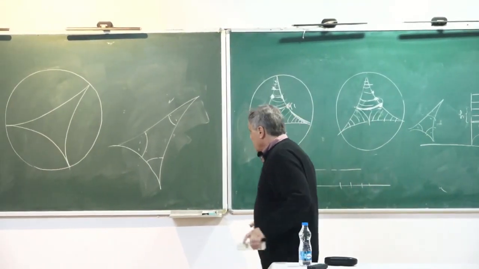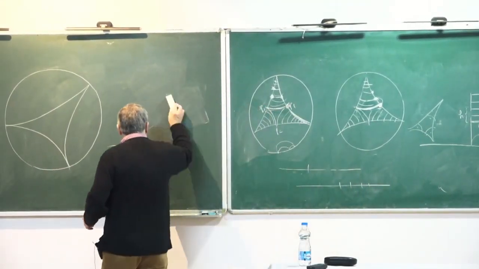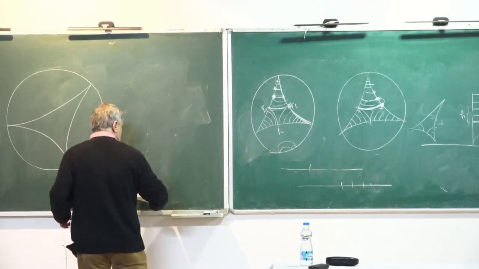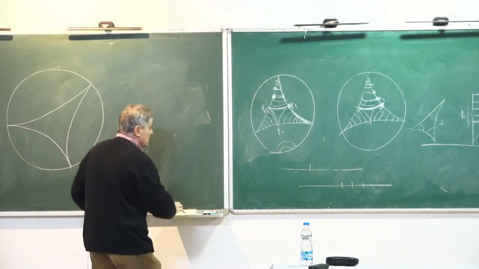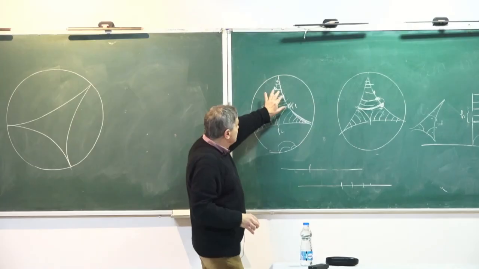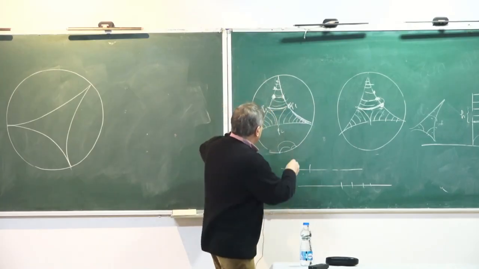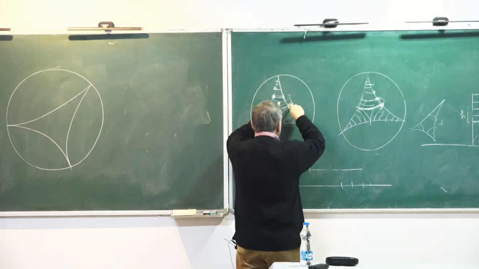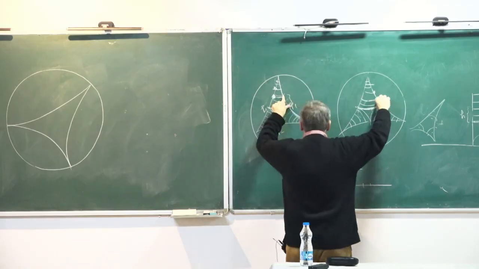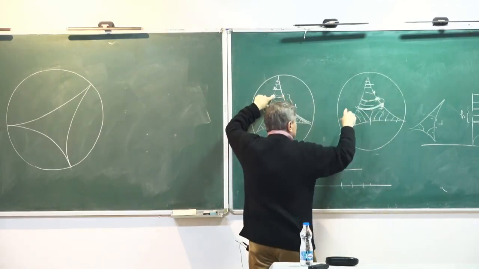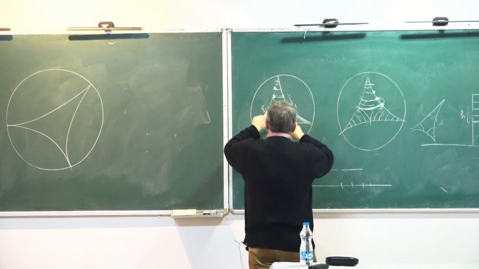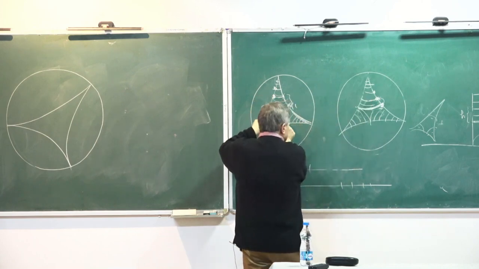So this is one of the pictures I showed you. There are three shifts now. There's a shift for the gluing of this side with this side, there's a shift for the gluing of this side with this side, and there's a shift for the gluing of this side with this side.